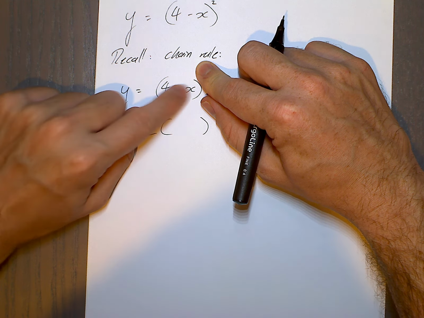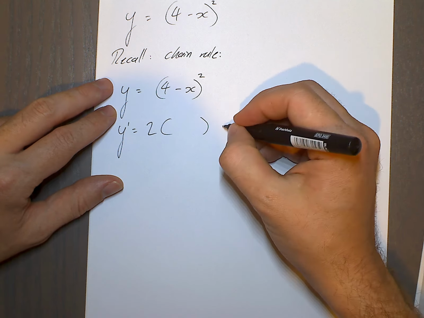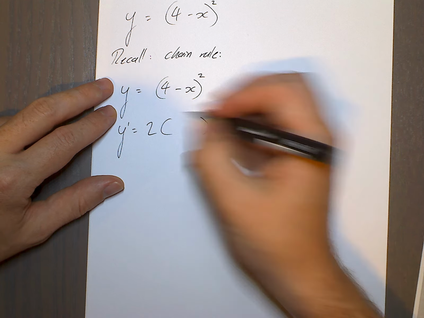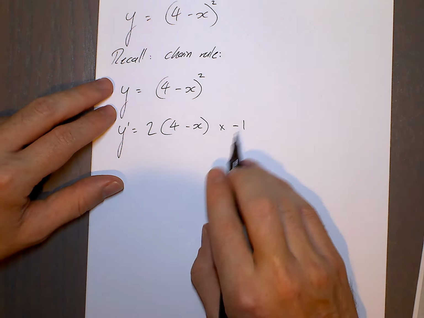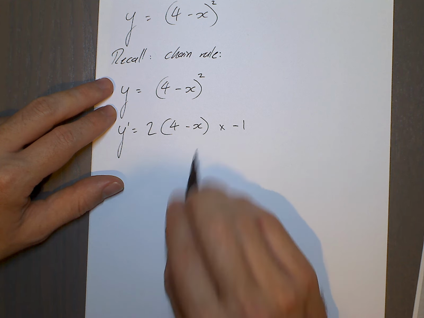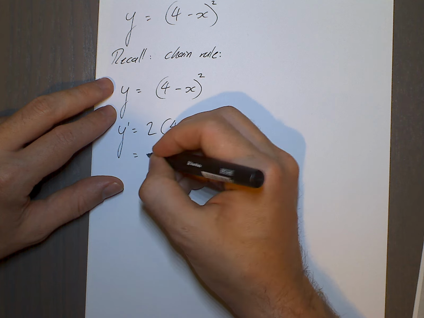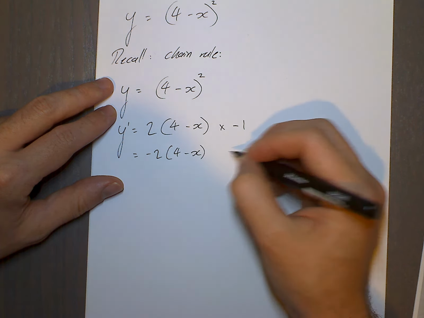So the differentiation of the inside would be minus 1. We multiply that, and the bracket stays the same. We've got minus 1 times 2 bracket 4 minus x, close bracket. That will just be minus 2, 4 minus x.